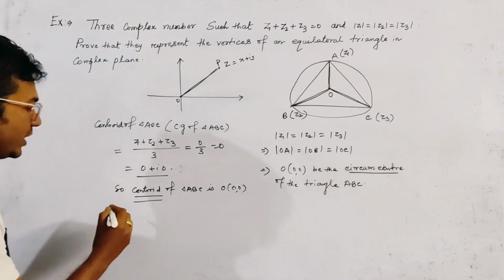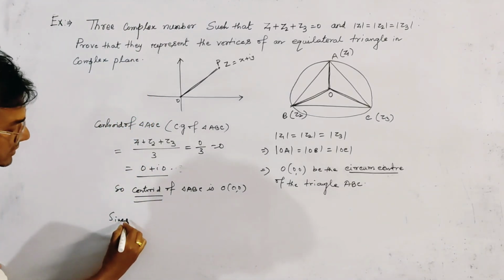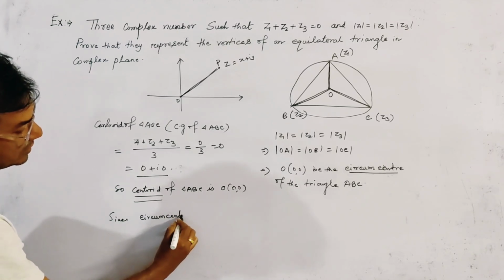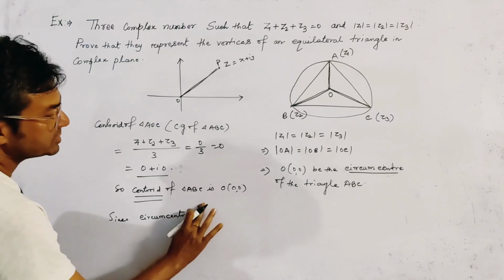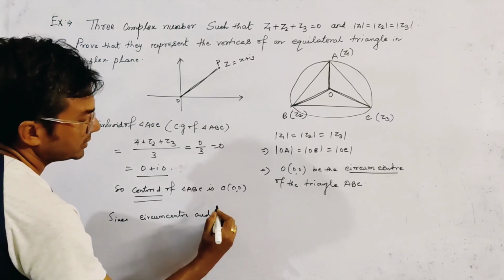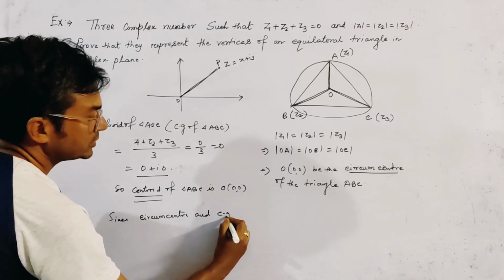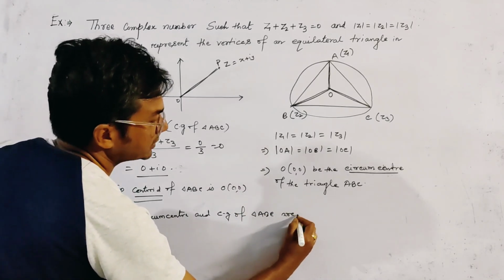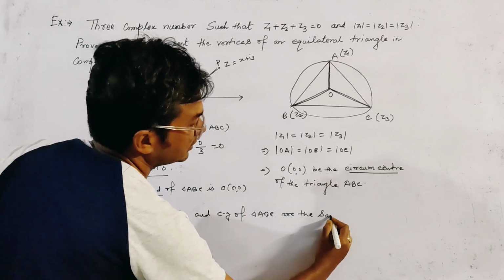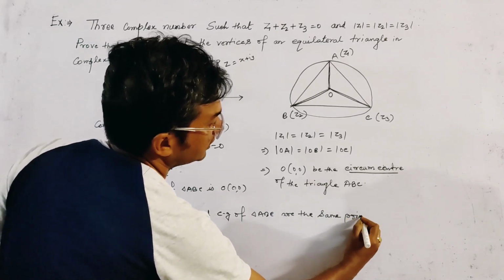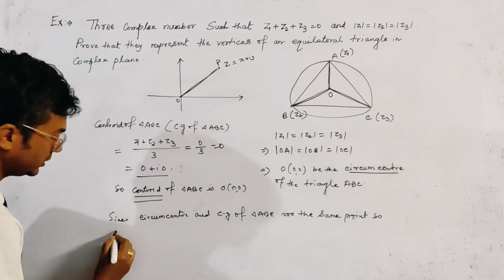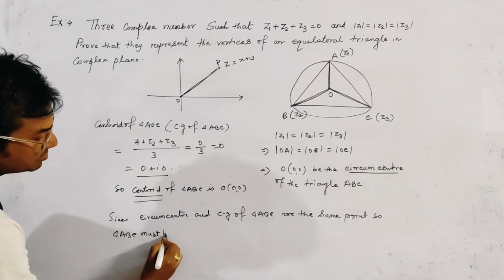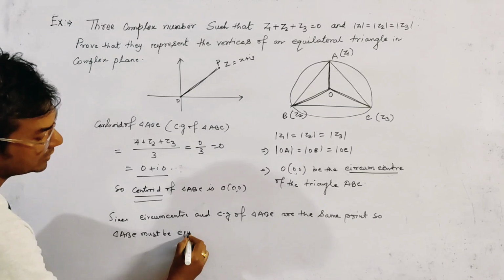Here we write: since the circumcenter and CG of triangle ABC are the same point, triangle ABC must be equilateral.